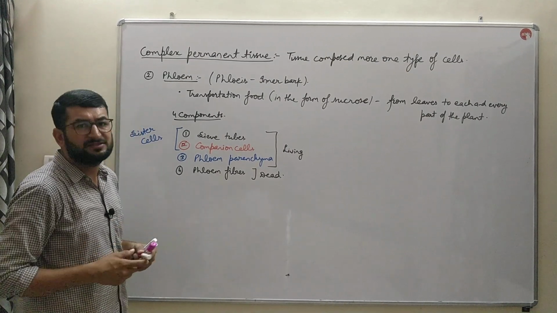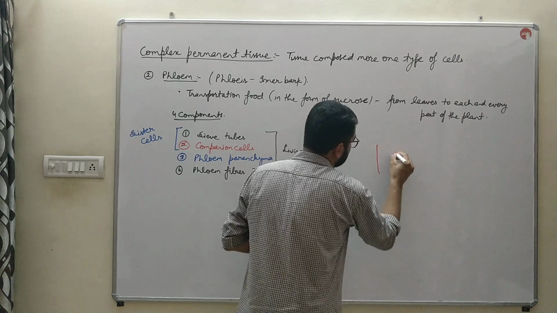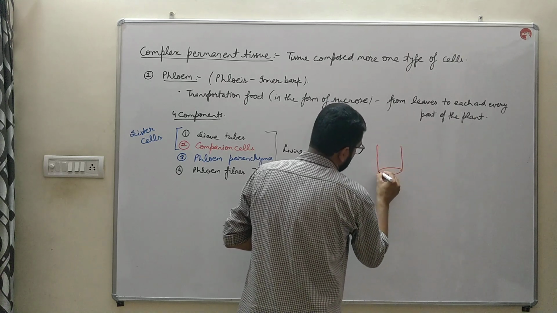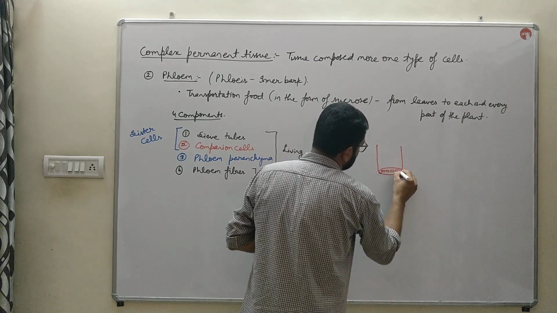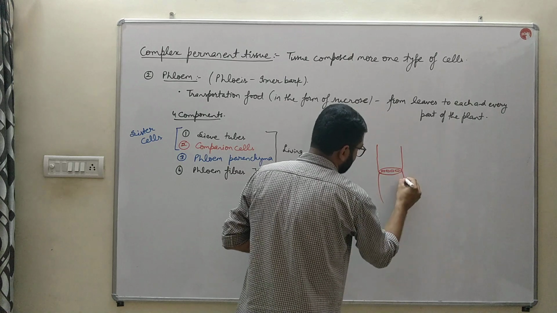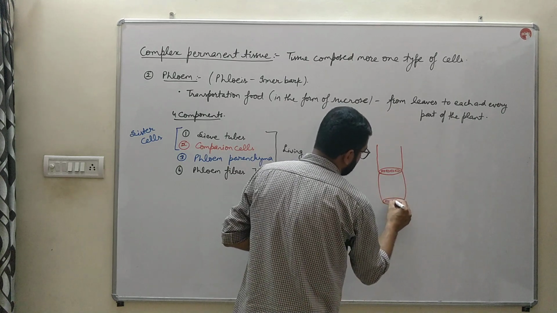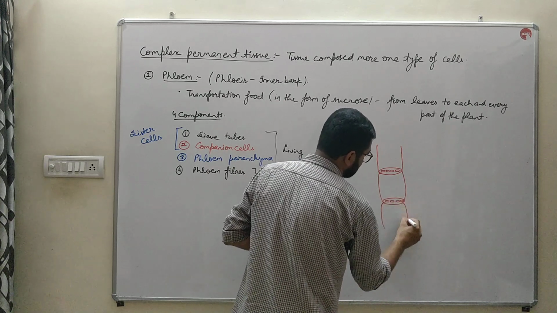Now we will discuss these parts one by one in the form of a diagram. The first one is sieve tubes. Sieve tubes are formed when the cells are connected end to end with each other, and their ends possess numerous pores due to the formation of sieve plates.